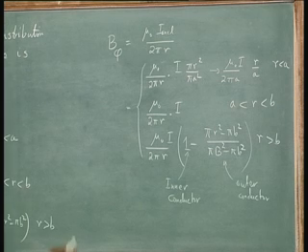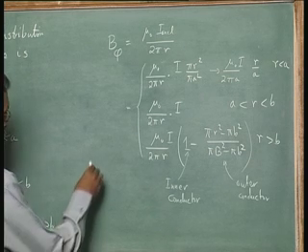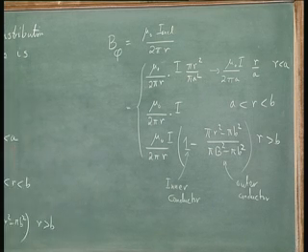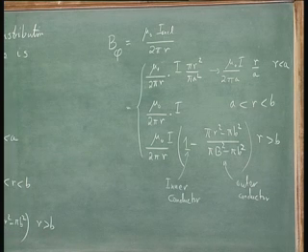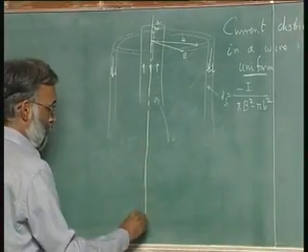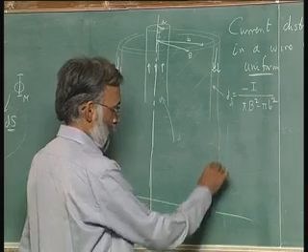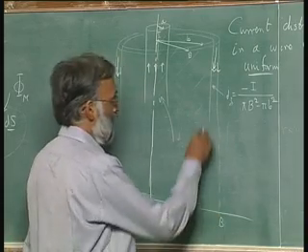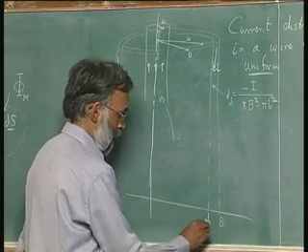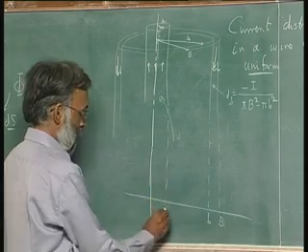So, if I had to plot this field, let me go back here and plot it in this graph. So, this is r equals 0, this is r equals capital B, small b, a.